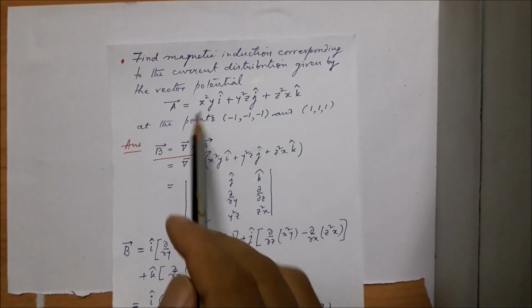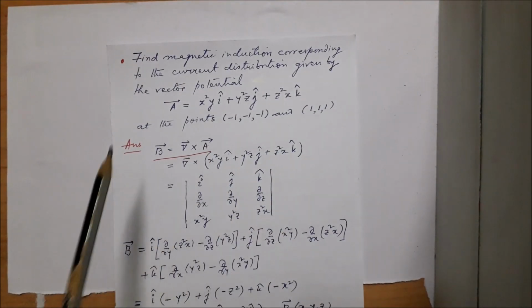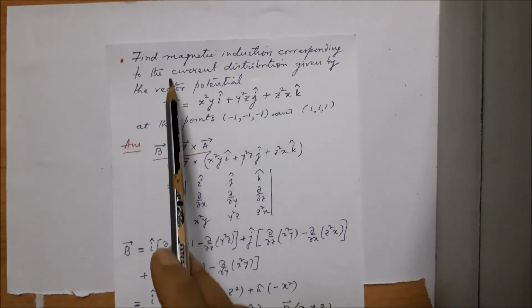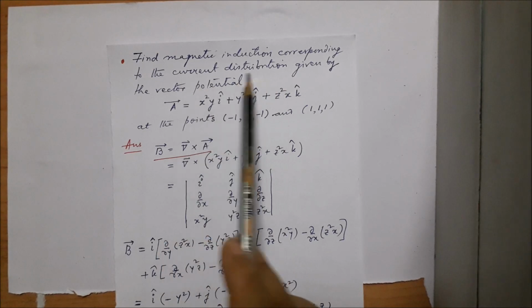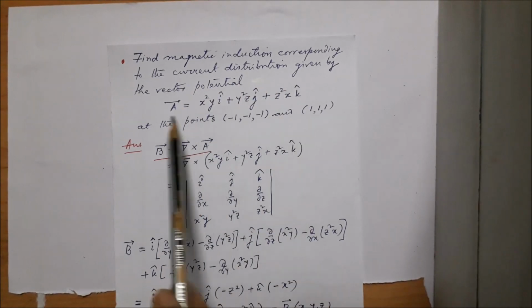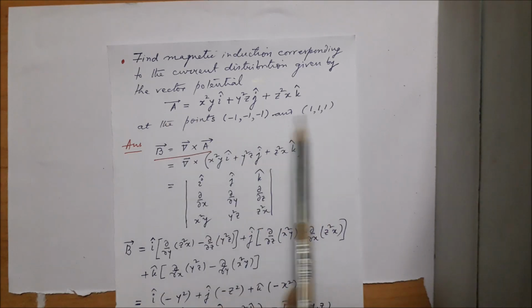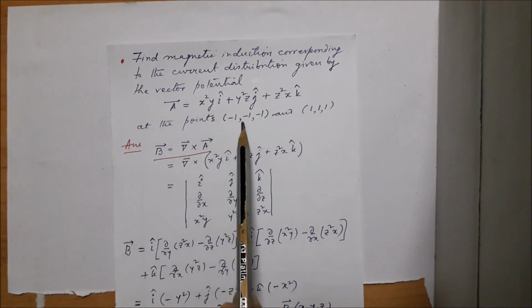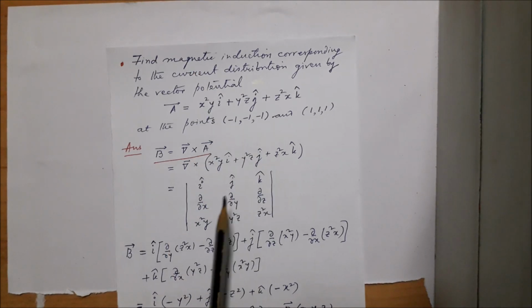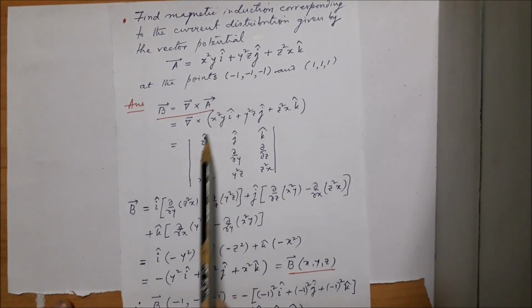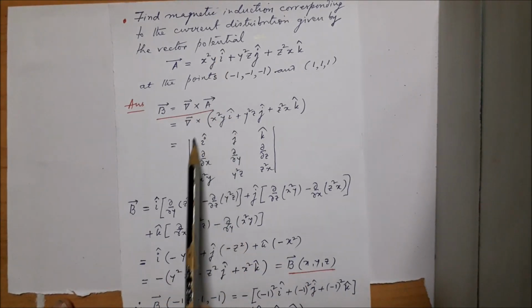Let us focus on another problem. The magnetic induction is wanted corresponding to a current distribution described by this value of A, and the points where the magnetic induction is to be found are given. The starting point is B equal to curl A. Put the value of A, and the curl of A can be written in this way.